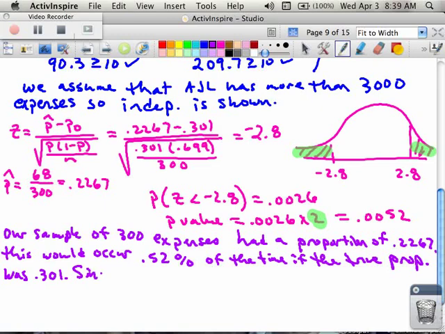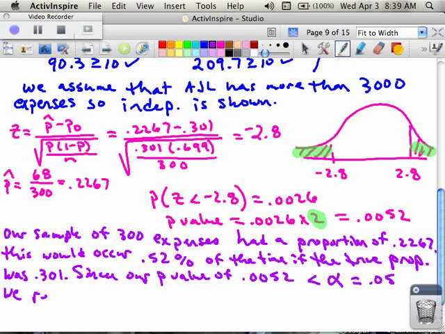Since our p-value of 0.0052, remember 2 tails, is less than our alpha, which was equal to 0.05, we reject the null hypothesis.